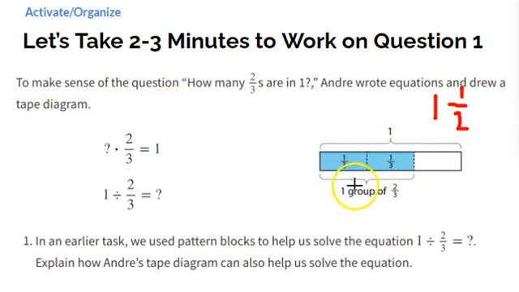So that's why we get 1 whole and we have 1/2 left, because we're missing another 1/3 here to make that a complete 2. So we only have 1 1/2 here to solve this equation. And that's what this diagram does. It does basically what we were talking about with the pattern blocks, but in a different way that can be a little bit quicker than drawing out a bunch of pattern blocks.